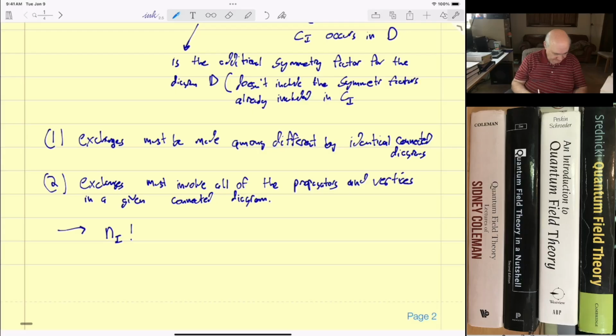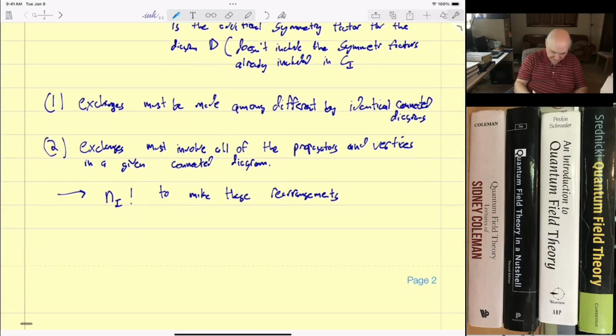So to make these rearrangements, this implies that the symmetry factor is equal to the product over I of n_I factorial.